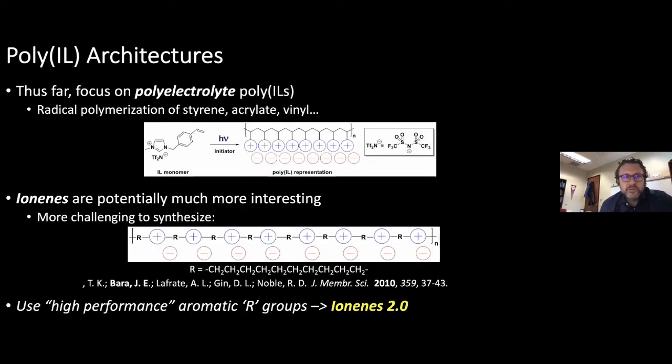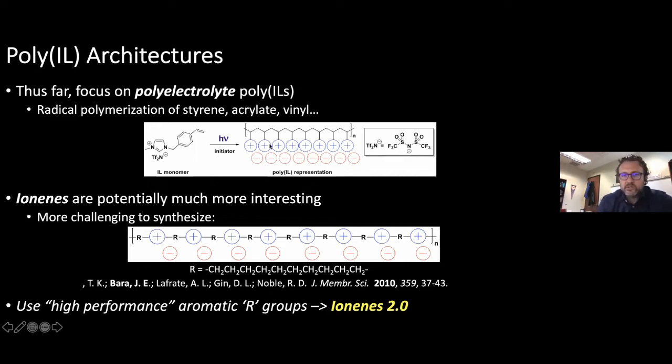I'm going to spend most of my time talking about polymerized ionic liquids and how we make and use these. For the most part, the literature will focus on polyionic liquids. And I know this is probably the style of what Professor Noble talked about a few weeks ago, where we have a styrene type monomer or a vinyl monomer, and we can do UV photopolymerization or just thermal polymerizations.